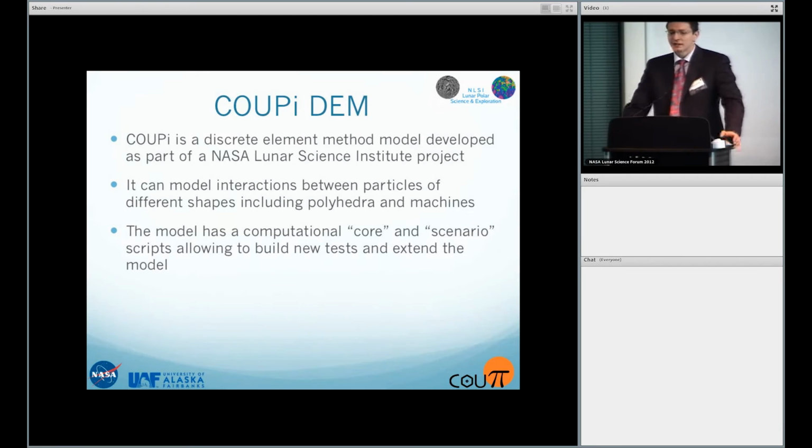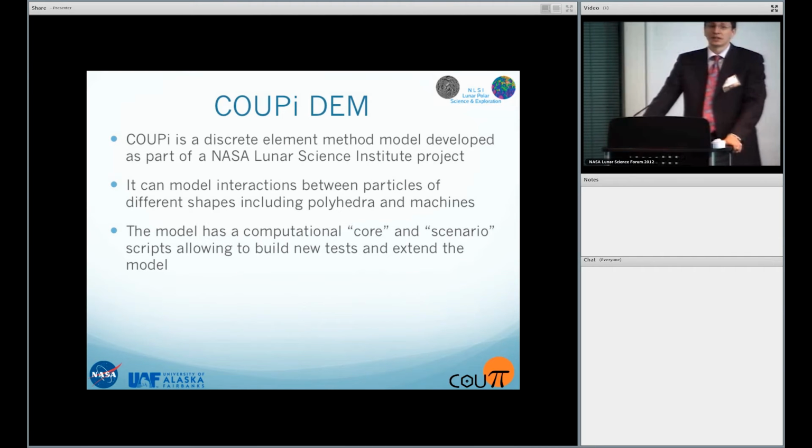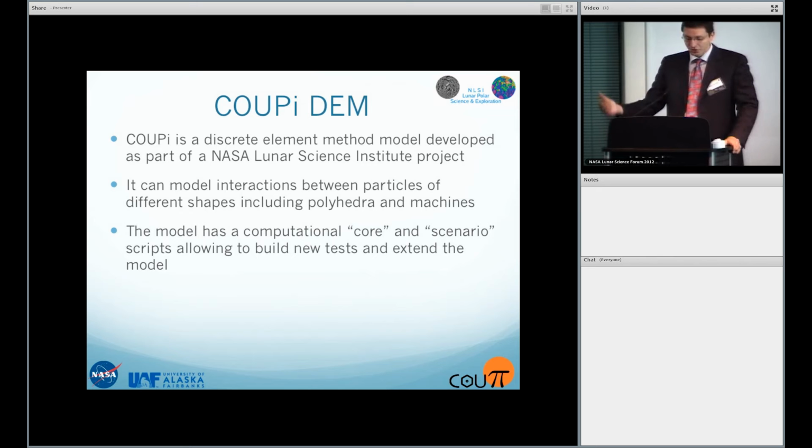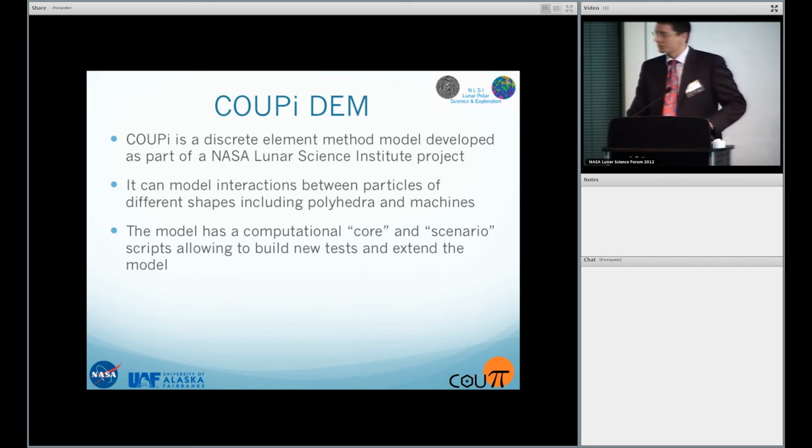It has a computational core and a scripting layer, so you can make different experiments without changing the computational core. It is very user-friendly, has a lot of documentation, and is very extendable by writing new scenario scripts for the model.